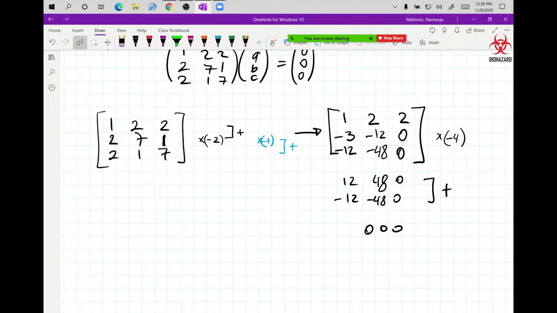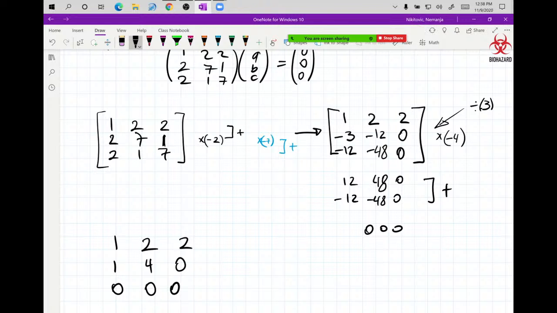So what is my matrix? My matrix is 1, 2, 2. We can divide this row by -3 to simplify it. So you get 1, 4, 0, and then 0, 0, 0. There we go.